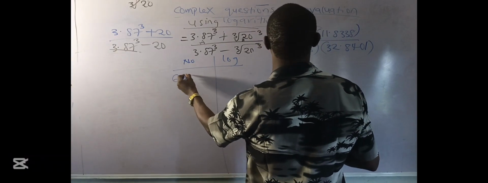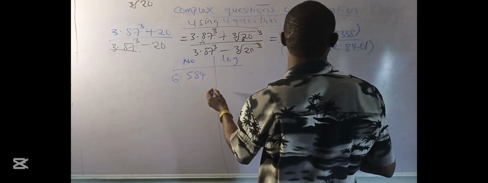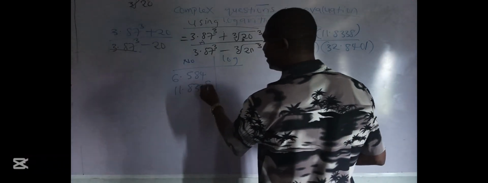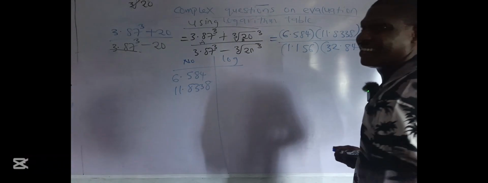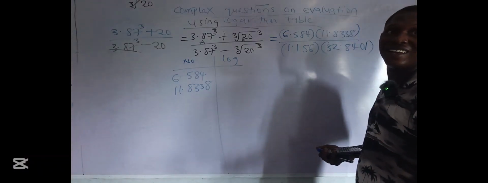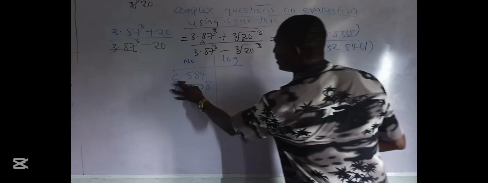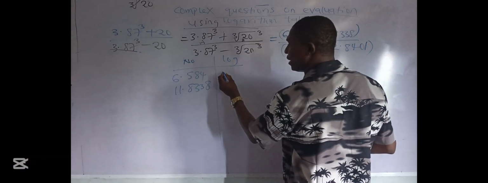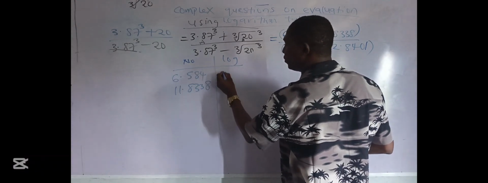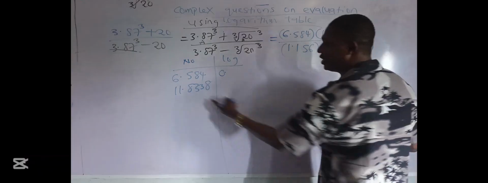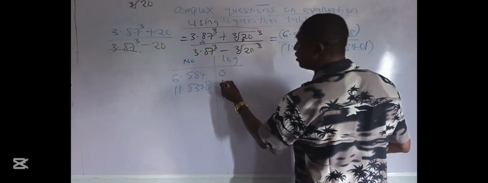We have 6.584. We also have 11.8338. So this is what? 1 digit. So we have 1. 1 minus 1, which is 0 point as our characteristics. This is 2 digits, so we have 1 point.